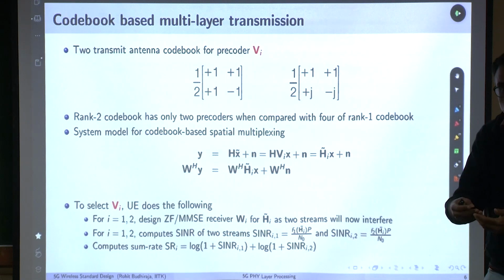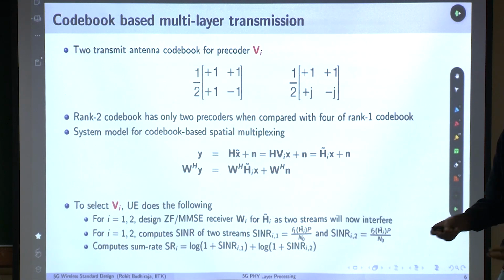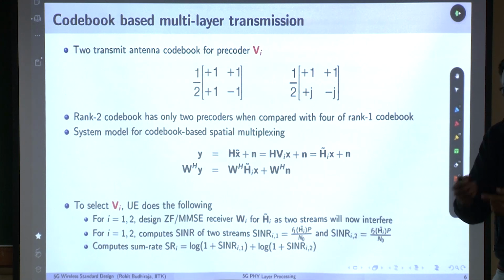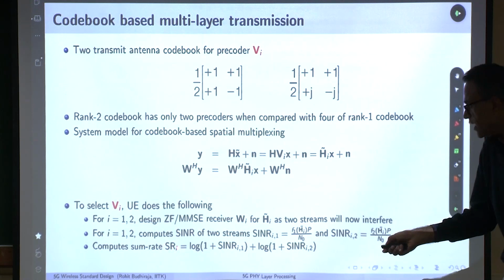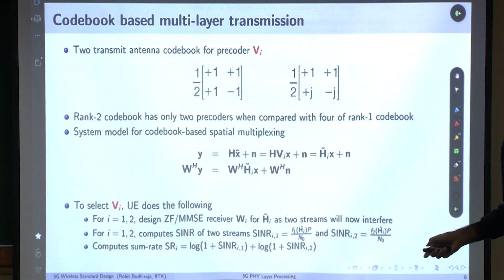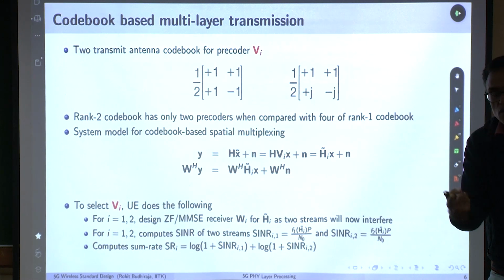There are two streams, and each stream will have a different rate. So it calculates the rate of the first stream and the rate of the second stream for each precoder i, and calculates the sum rate. Look at the index, it is SRi, because you are calculating for a particular precoder i.